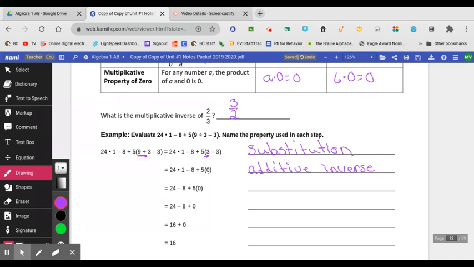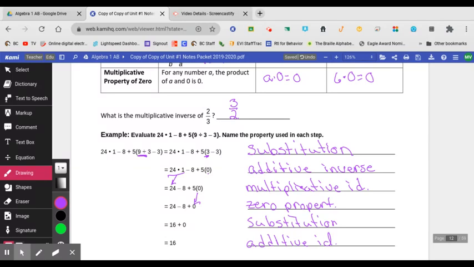So 24 times 1 is what they did here. That is the multiplicative identity. And then they said 5 times 0 is 0. That is our 0 property. And then 24 minus 8, that's substitution. And then 16 plus 0 is our additive identity. And that's how we do those problems.